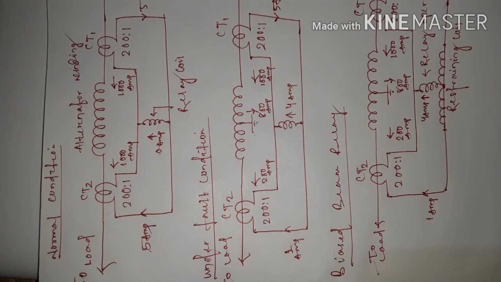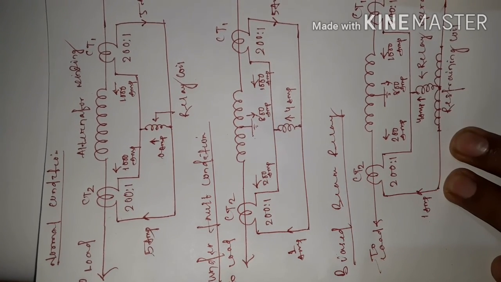The meaning of current differential relay is that when the difference of current passes through the relay operating coil, then this relay is able to operate.